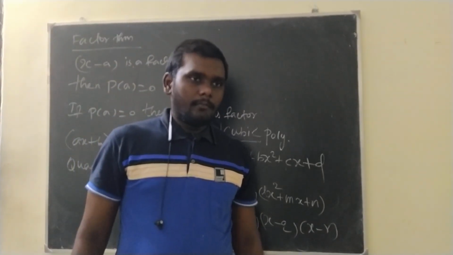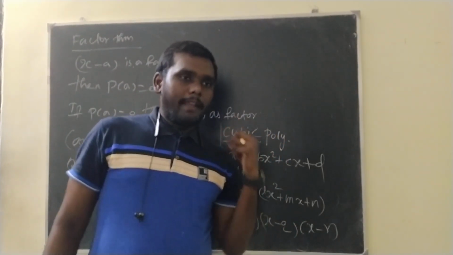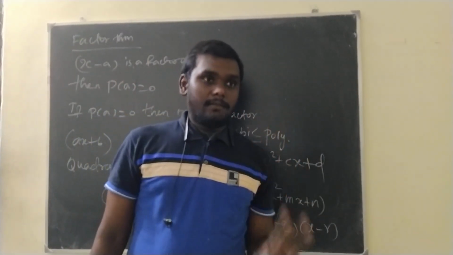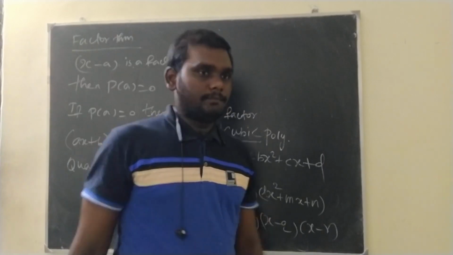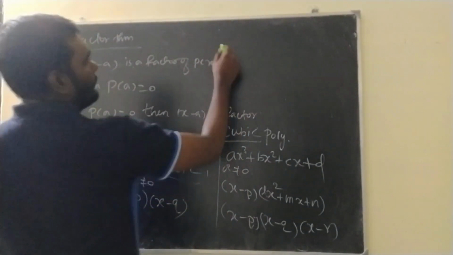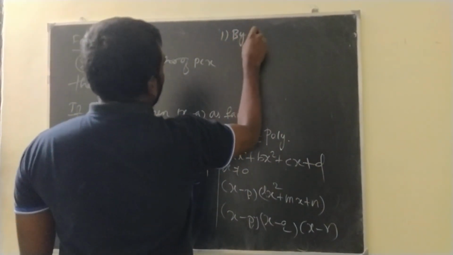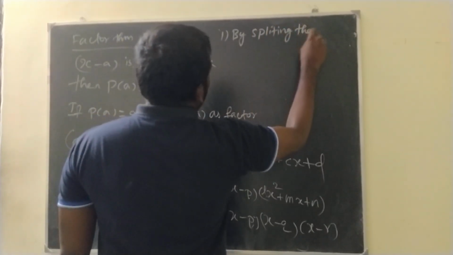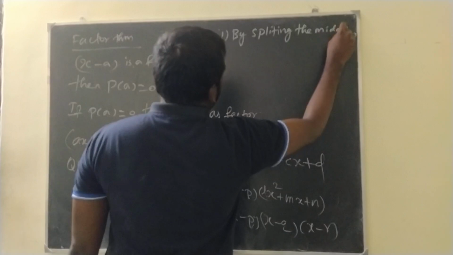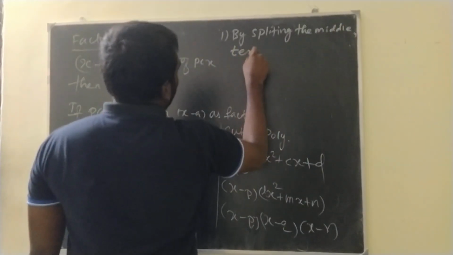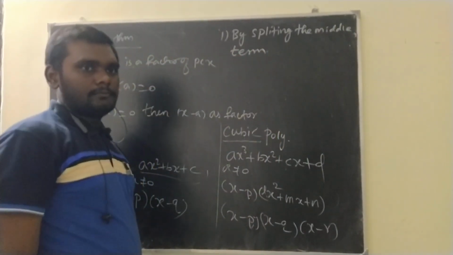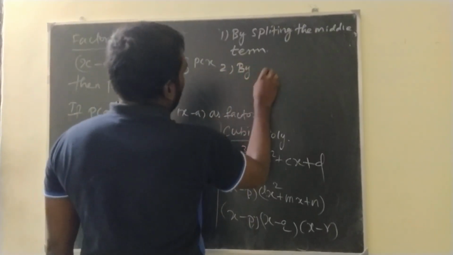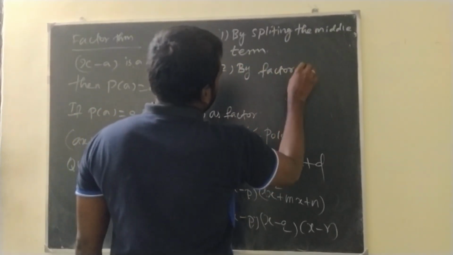Clear? Okay. Now, how to find out these factors? There are 2 methods discussed in your book. The first one is by splitting the middle term, and the next one is by factor theorem.